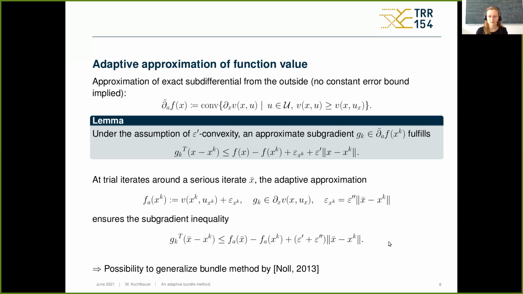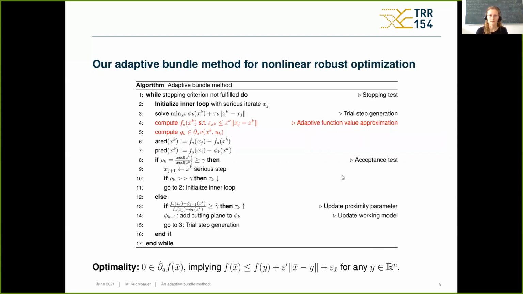So what we do in the end is to use his bundle method, plugging in our adaptive function value approximation and the corresponding subgradient evaluation, and we obtain a converging bundle method. At the solution, then again, the 0 is in the approximate subdifferential, which implies this subgradient inequality with the error in the function value here.